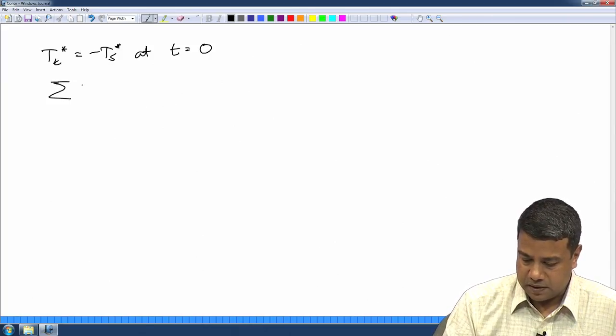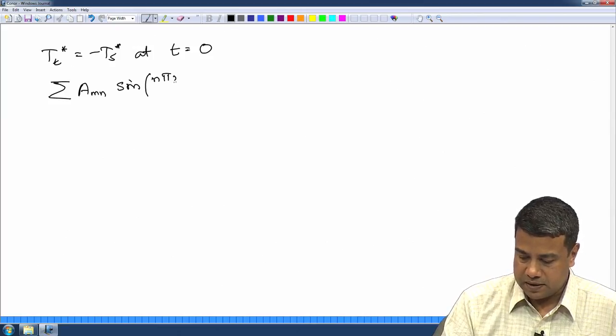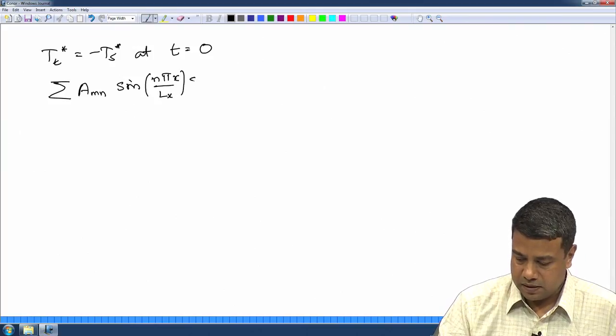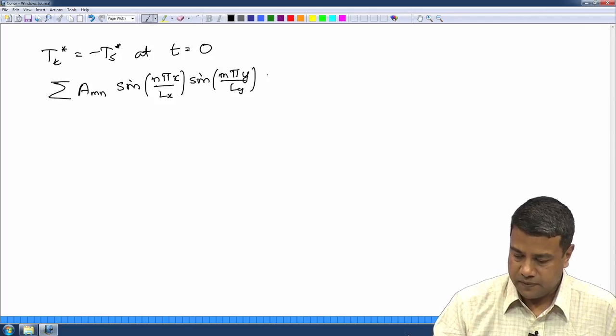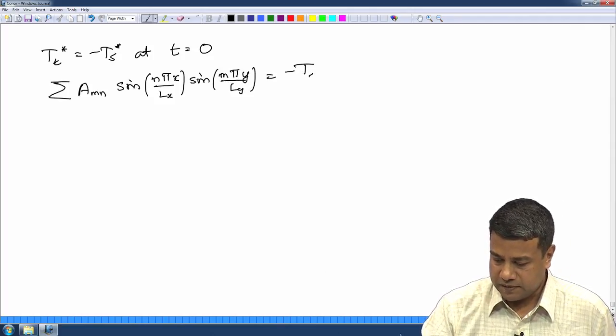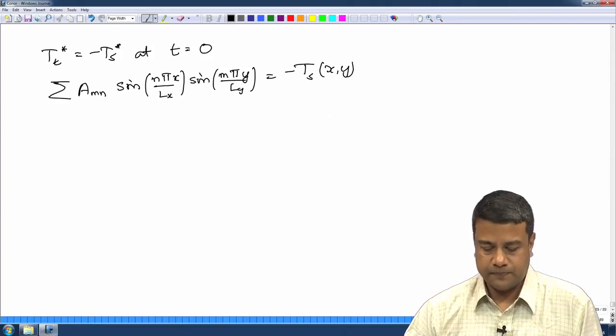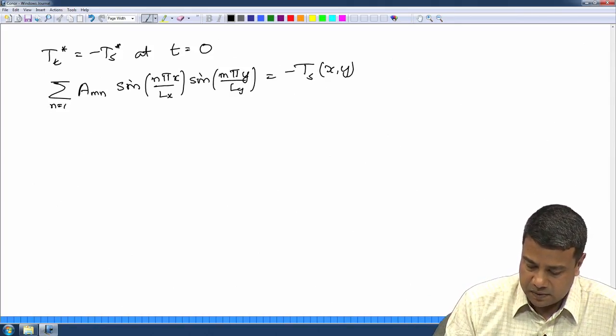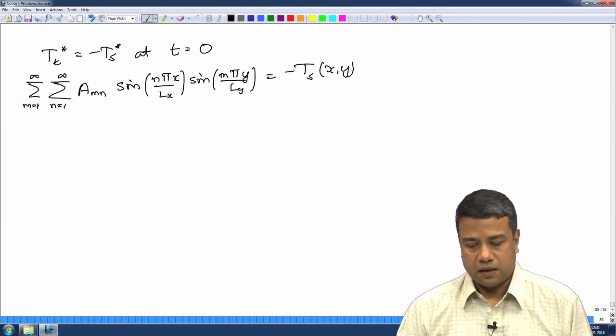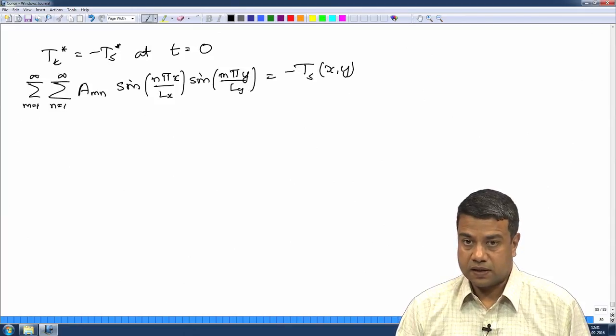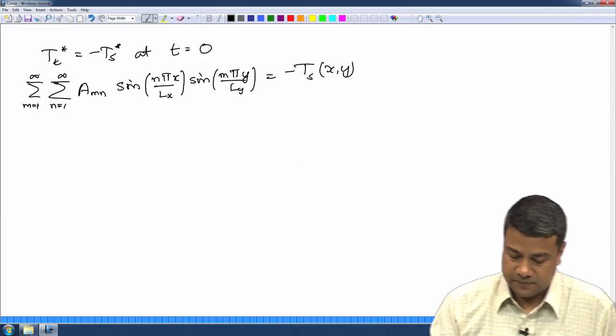I have summation of Amn, sine n pi x by Lx sine m pi y by Ly, is equal to this function of x and y. I just leave it as a function of x and y. This is n is equal to 1 to infinity, summation m is equal to 1 to infinity. Now, I have two functions in the x and the y directions. Therefore, I need two orthogonality relations.